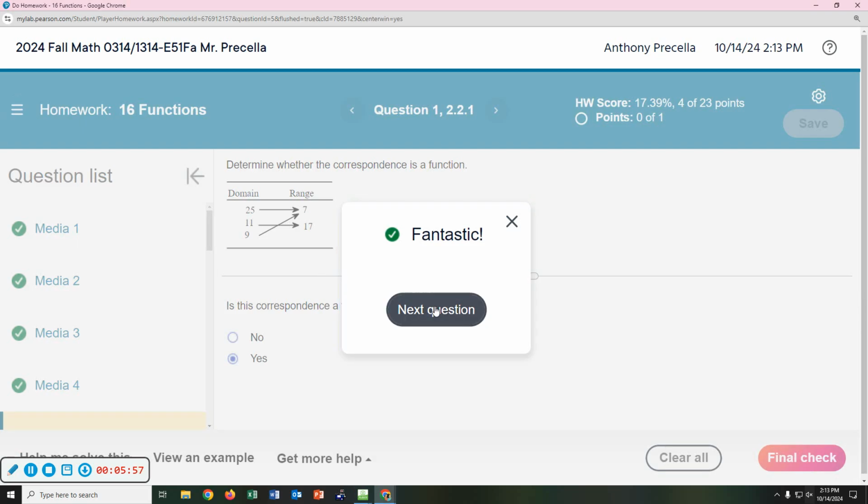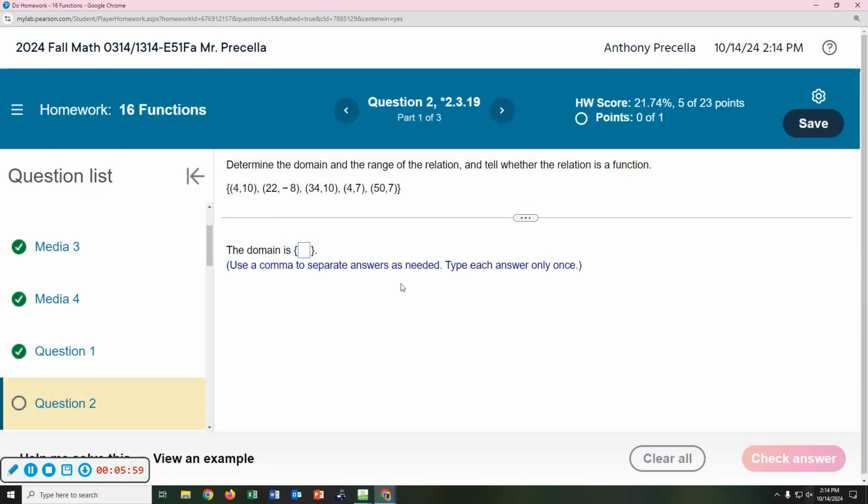Let's look at number 2. Problem 2 gives us some ordered pairs, and the way we talk about x value being assigned y value lends itself to ordered pairs. So let me write down all these ordered pairs first: 4, 10; 22, -8; 34, 10; 4, 7; and 50, 7.